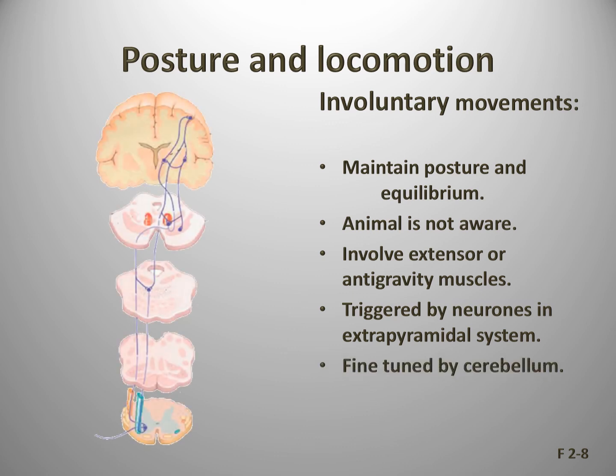The extrapyramidal system carries from the cerebral cortex, in conjunction with the cerebellum, the information to carry out all the involuntary movements. These movements are all fine-tuned by the cerebellum. And we're going to see the action of the cerebellum in our fifth topic.